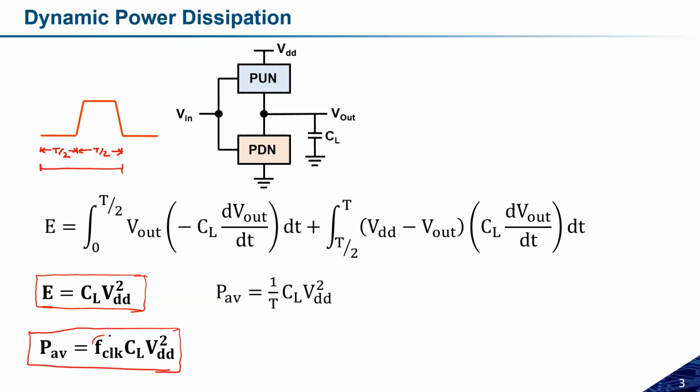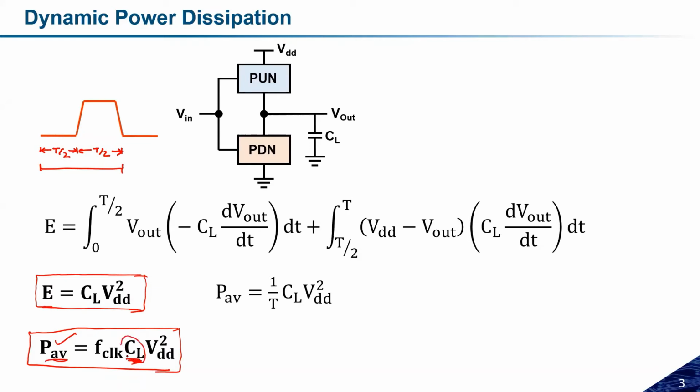So the important thing is the clock frequency, load capacitor, and the VDD supply voltage. All these three are responsible for deciding what the dynamic power dissipation will be. If the clock frequency is very high, then the dynamic power dissipation will be high. Similarly, the load capacitance can also play a major role in the average power dissipation.